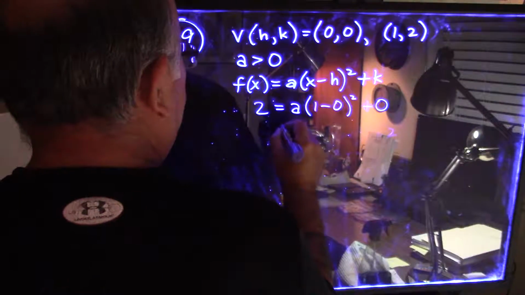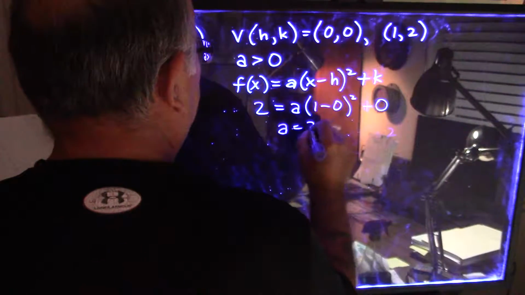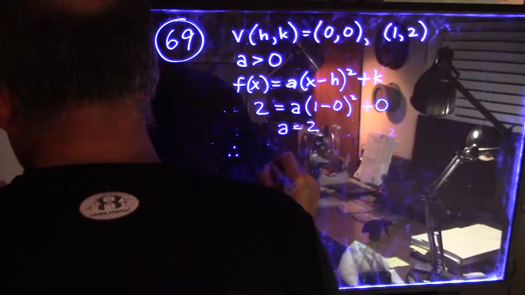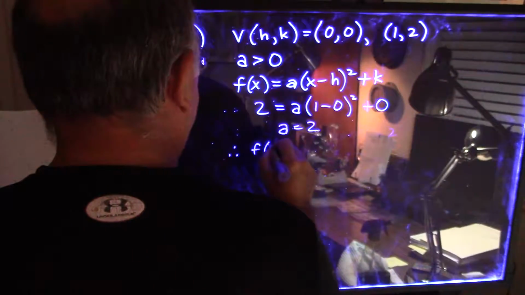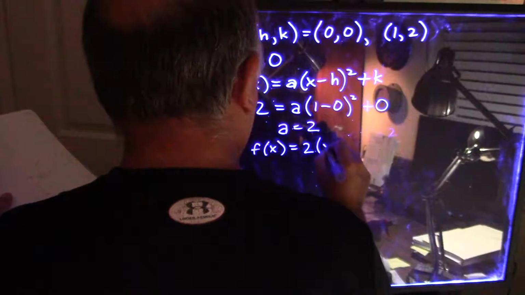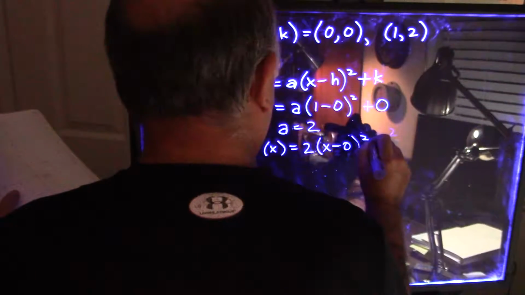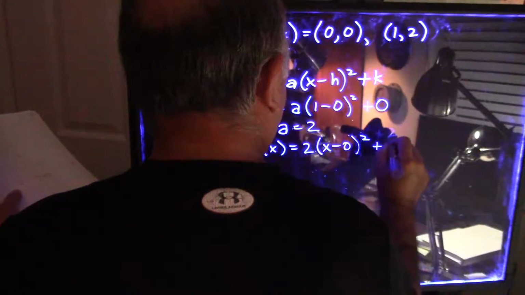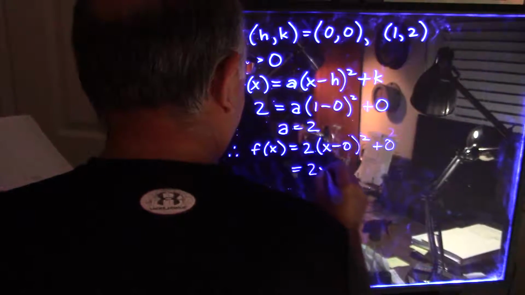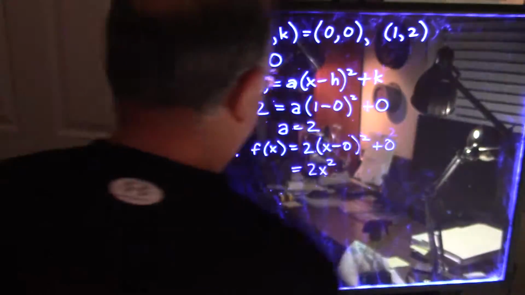So that means a equals 2. So therefore f of x equals 2 times the quantity x minus 0 squared plus 0, or 2x squared, and that's in general form.